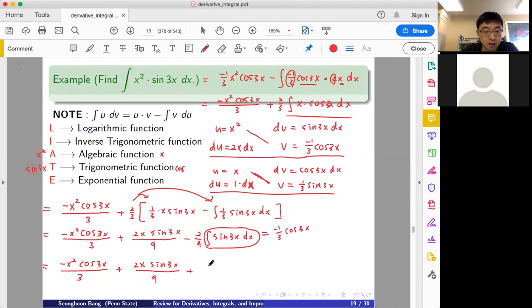The top one is 2 times cosine 3x over 27 plus c. So that's it. This is the final answer for solving this problem. How can you solve it? You can use integration by parts twice.